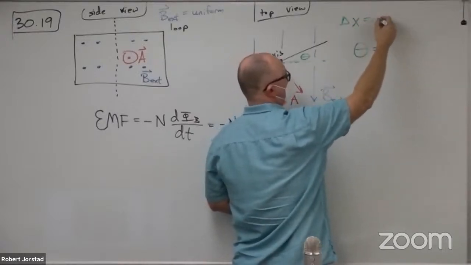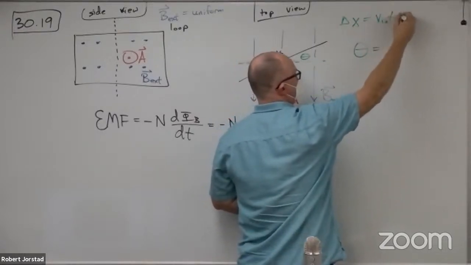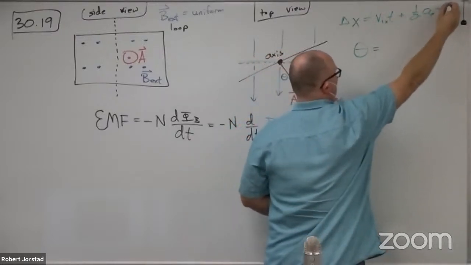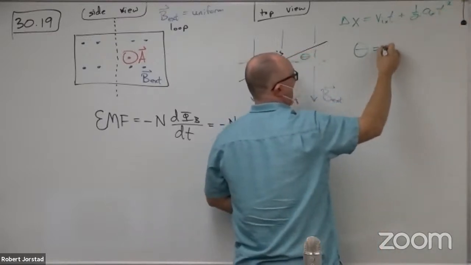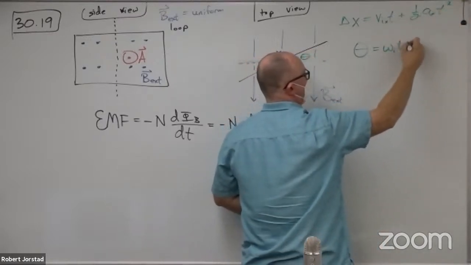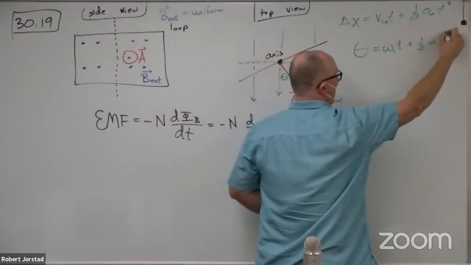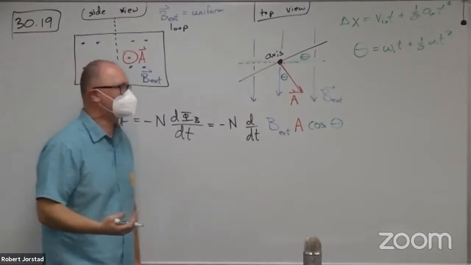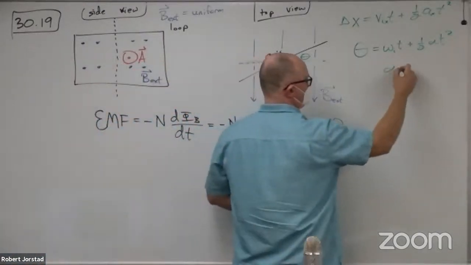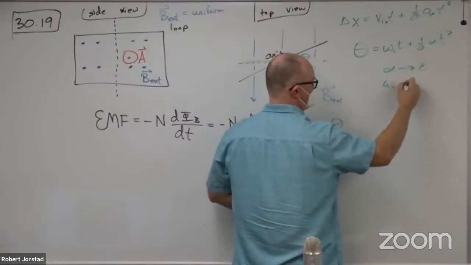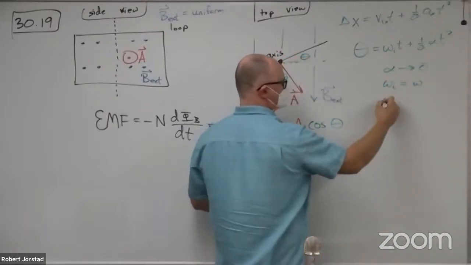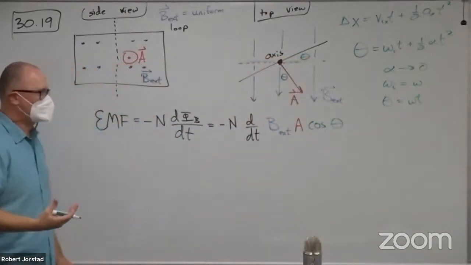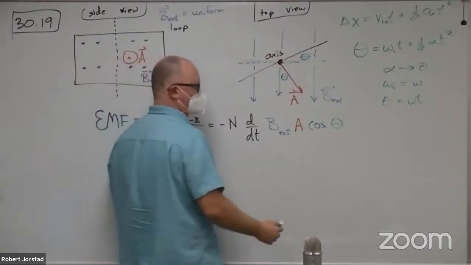Delta x equals the initial x t plus... What's the equivalent for theta land? And that'd be what, omega t plus 1/2 alpha t squared. Yep. Now, we're told this thing is rotating at a constant rate, right? Alpha goes to 0, omega initial equals omega. So theta is just omega t in this case, right? So I could put that in here.